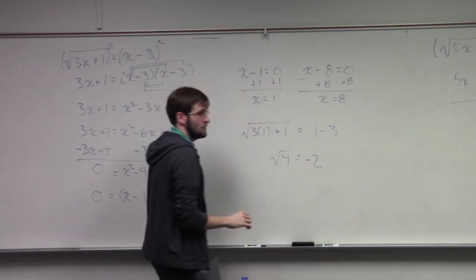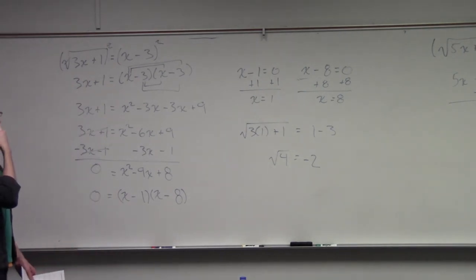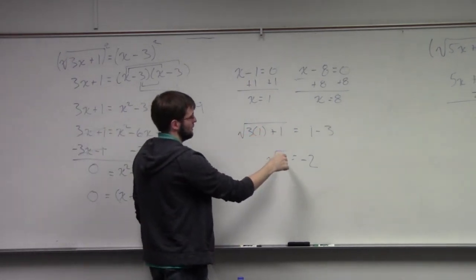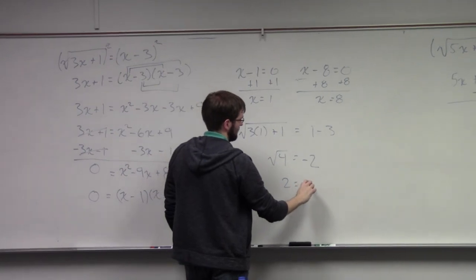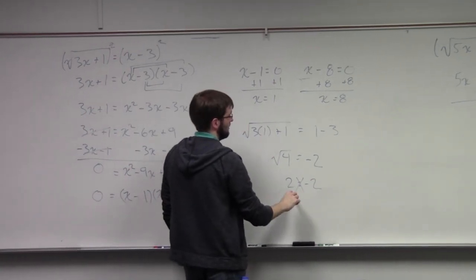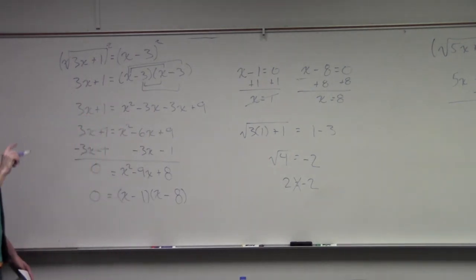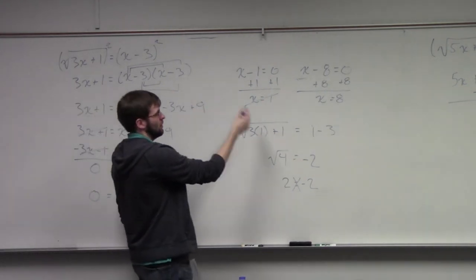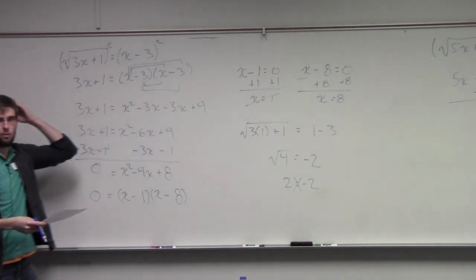So I'm going to stop right there. Is the square root of 4 negative 2? No. When we deal with just a square root, we deal with the positive value. So because the square root of 4 is positive 2, and these two are not the same, that means I get to throw away that 1. That's what we call an extraneous solution. So that's why we want to make sure we check our answers for square roots, because sometimes we get these extra answers that don't make sense in our problems.